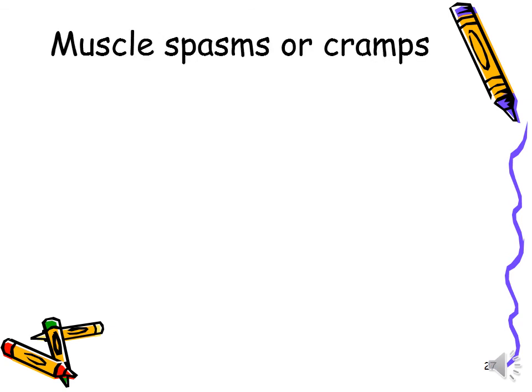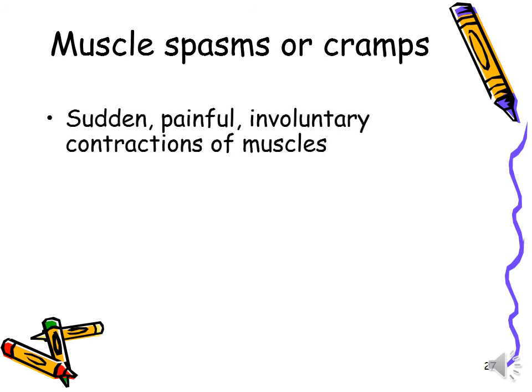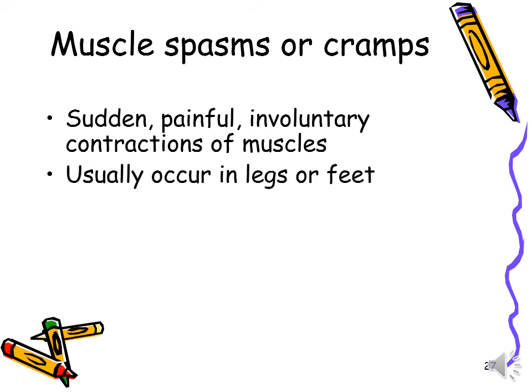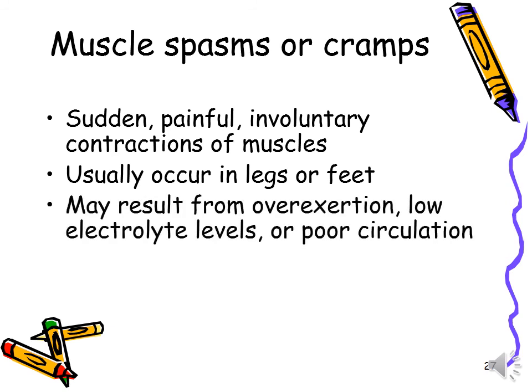Muscle spasms or cramps, this is where you have a sudden, involuntary, and painful contraction of muscles. So we think about people jumping out of bed in the middle of the night, with their legs in great pain and they're trying to stretch that muscle out. But we also see this happening frequently in athletes on the athletic field or while they're competing, because sometimes it's just from overexertion or you might not have enough electrolytes.